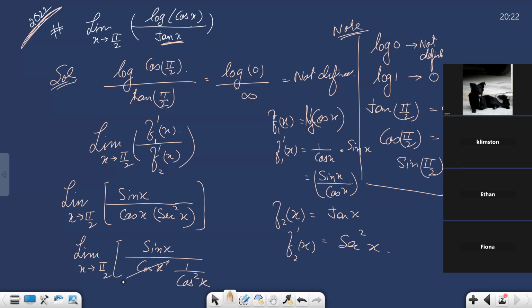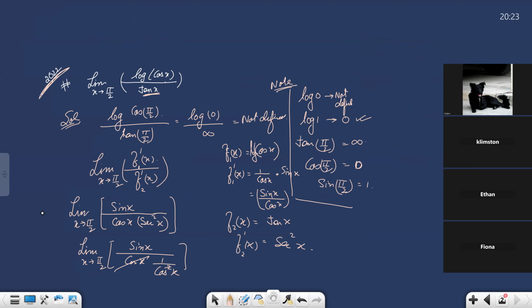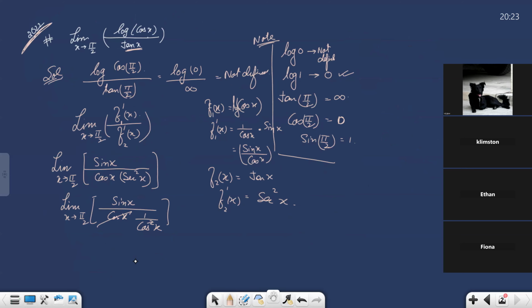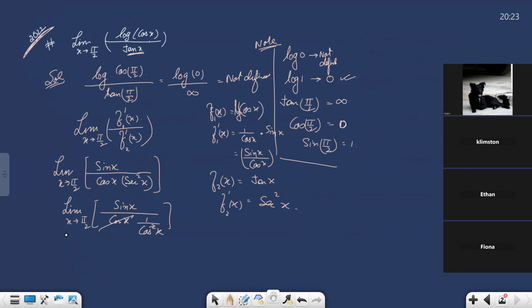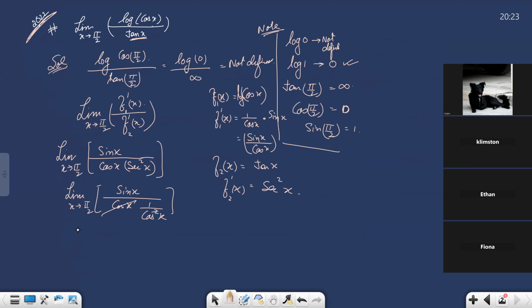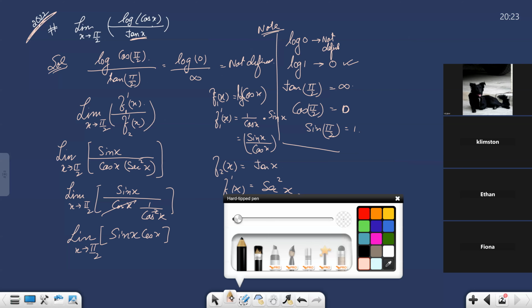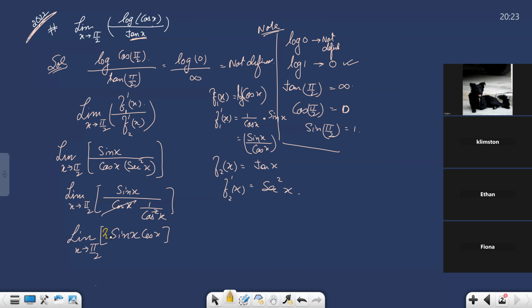So one of the terms will cancel out, and you will be left with limit x tends to pi by 2, sine x and cos x. Now there is a trigonometric formula, 2 sine theta cos theta. So I will insert a 2 over here, and as a result a 2 outside.